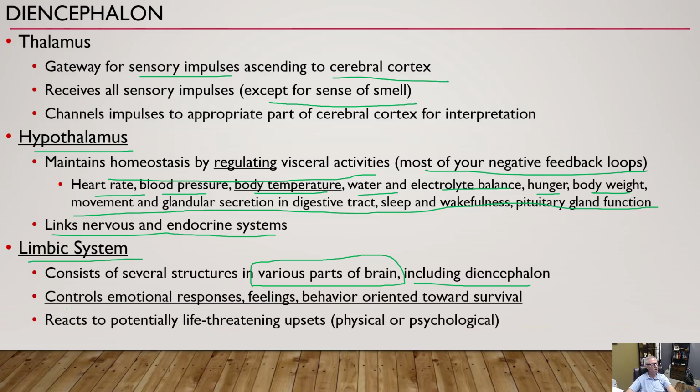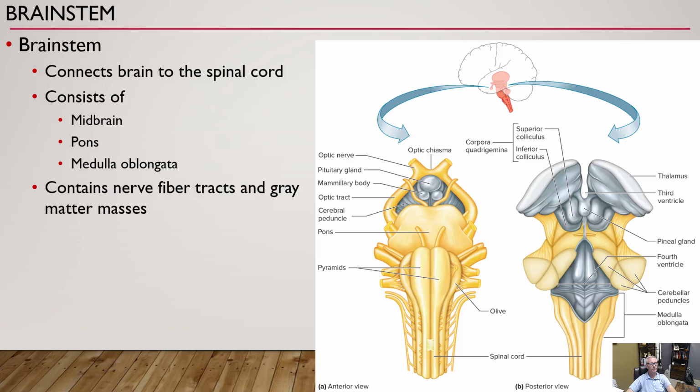Your limbic system is responsible for a lot of your emotional responses, feelings, and your behavior towards survival. It's what's responsible for life-threatening situations, whether it be physical or psychological. So a lot of your emotional responses are because of your limbic system.